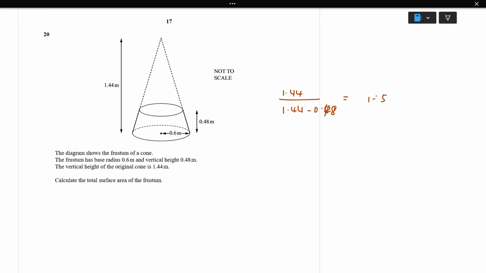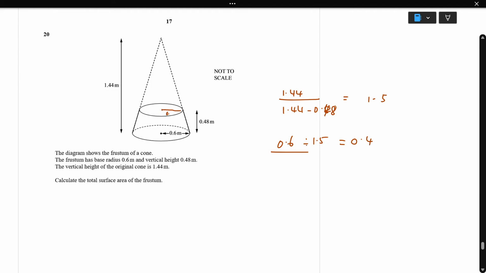The next part: 0.6 divided by 1.5 is going to be 0.4, because we divide the large radius by the scale factor. When we divide by 1.5, we get 0.4. So the small radius is going to be 0.4.